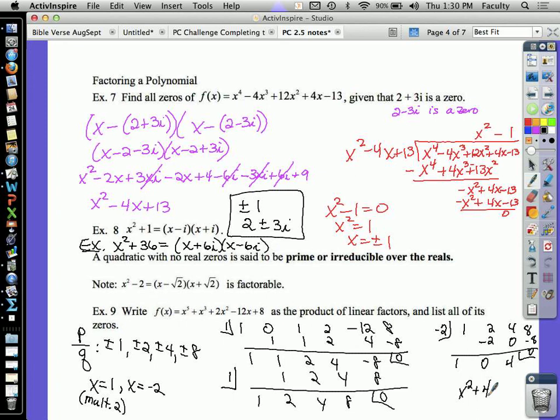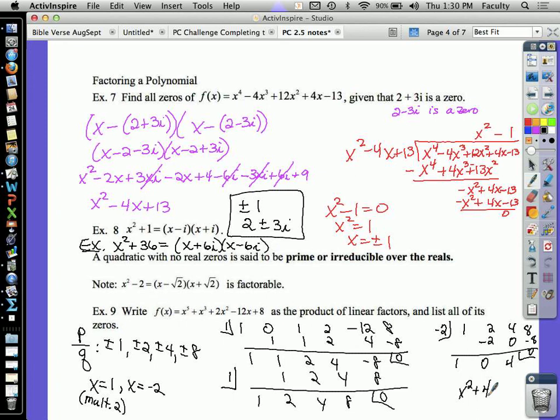Now we do want to work on our reading of the problem. What is the problem asking us to do? The first thing it said was write f of x as the product of linear factors. Linear factors are like mx plus b, where you have an x to the 1st. You do not have an x squared. So now this is going to connect me to example 8 here.